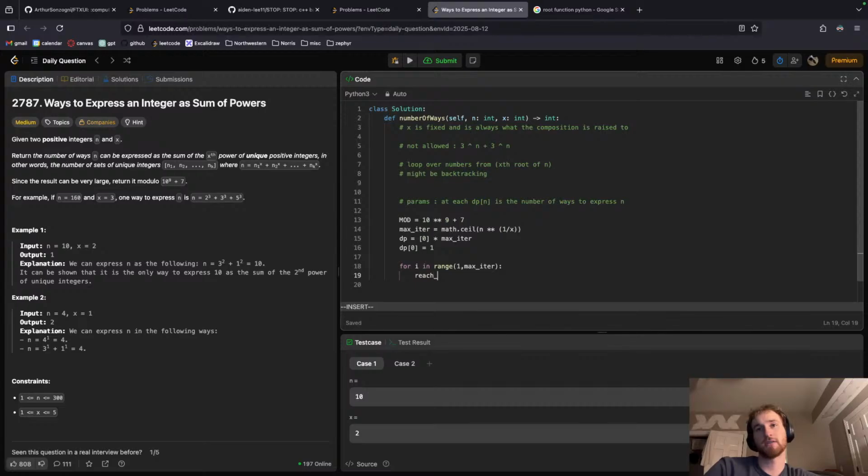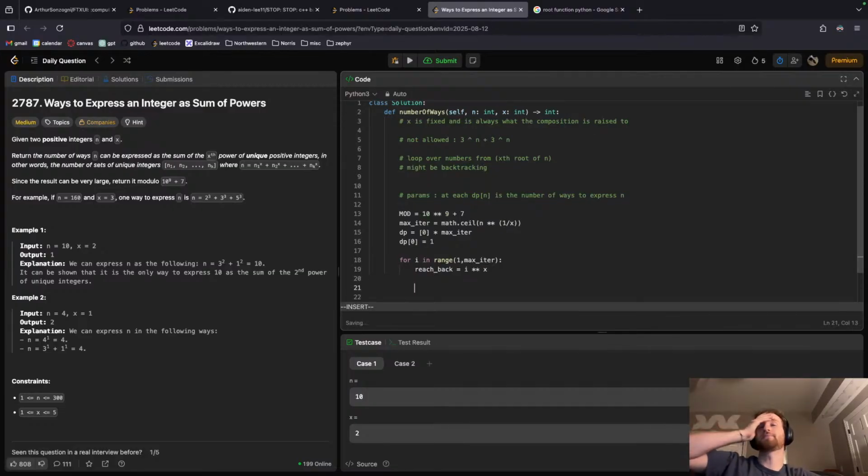So reach back is going to be i raised to x. And then how do we know what we're reaching back by?